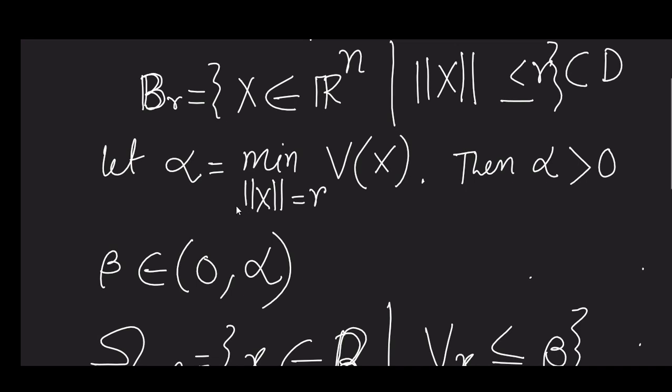So we have defined a ball BR where mod x is less than or equal to r, belongs to D. Now we are considering an alpha. What is alpha? Alpha is that value of minimum of Vx over mod x equal to r.